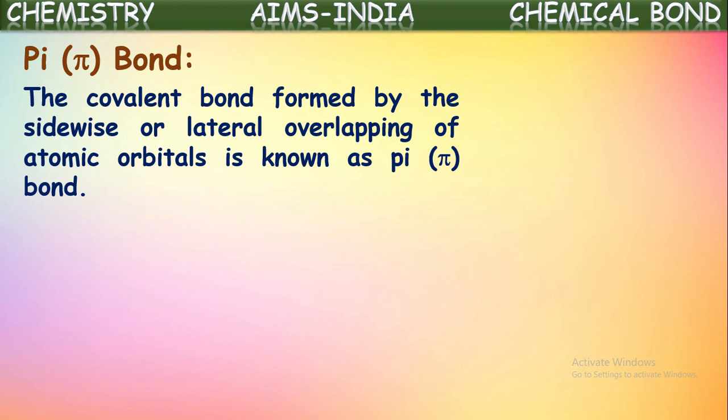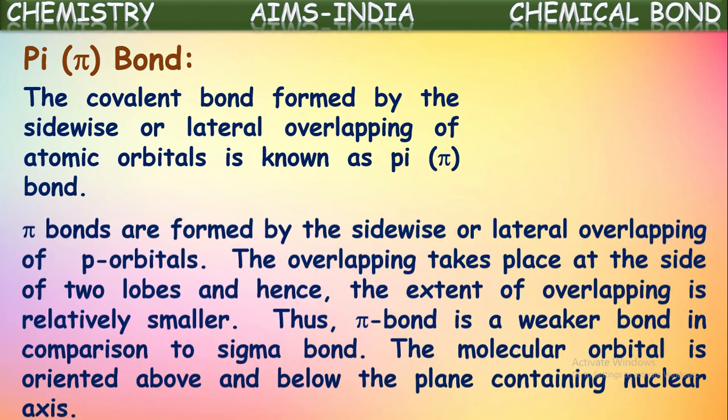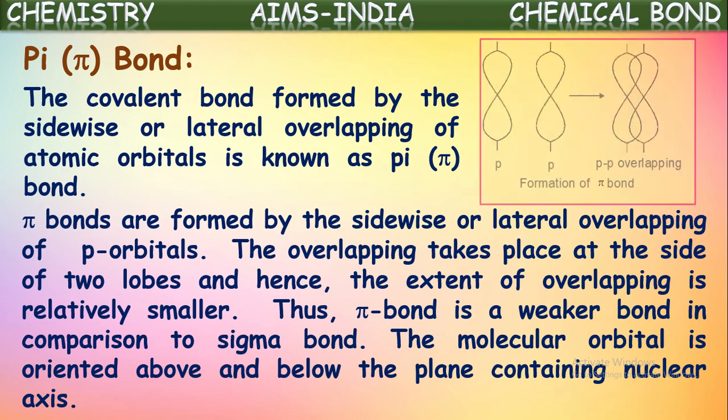The covalent bond formed by sideways overlapping or lateral overlapping of atomic orbitals is known as a pi bond. See, in the earlier case, in sigma bond formation, atomic orbitals overlapped on their axis of nuclei. In another way also, a covalent bond may be formed. In that, atomic orbitals overlap lateral to lateral, meaning they overlap sideways to their axis of nuclei.